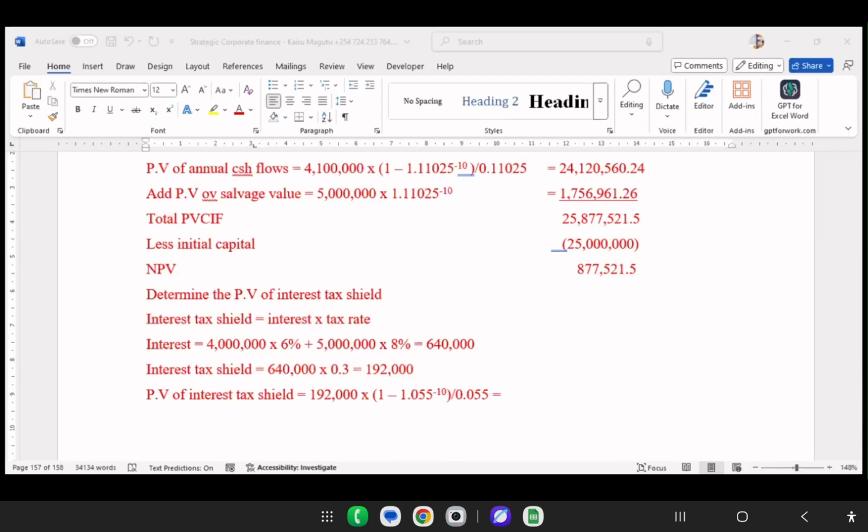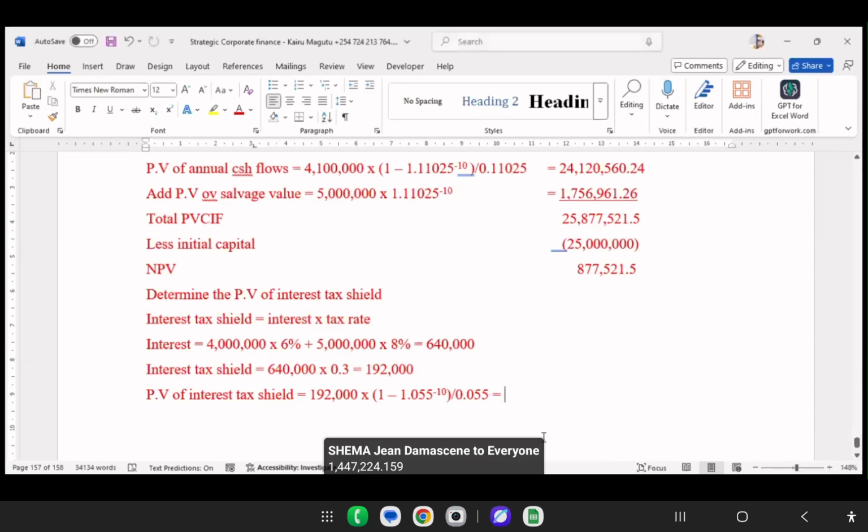Can we confirm? Let us confirm that. So I'll pick what I'm given. Yeah, I think it is confirmed. So that is the present value of the interest tax shield.